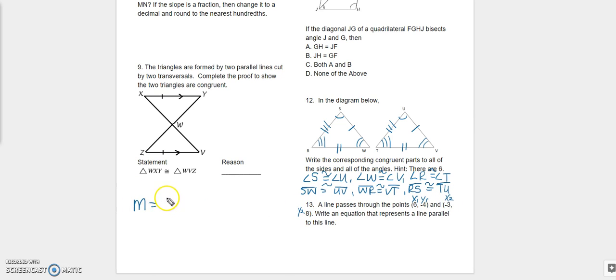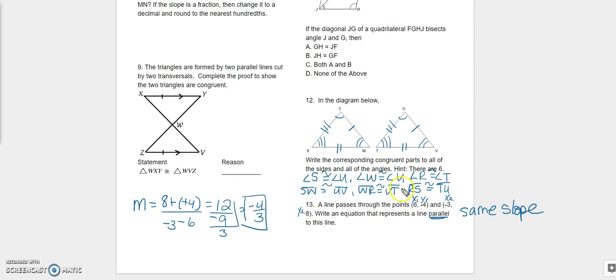So it's going to be 8 minus negative 4 over negative 3 minus 6. That double negative becomes a positive, and 8 plus 4 is 12. Negative 3 minus 6 is negative 9. I can divide both of those by 3, and I get negative 4 over 3 for my slope. So that's going to be the slope of my parallel line because they have the same slope.